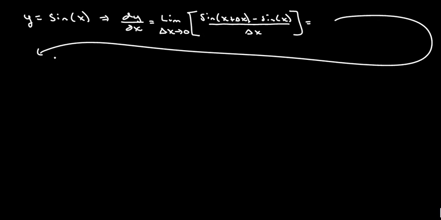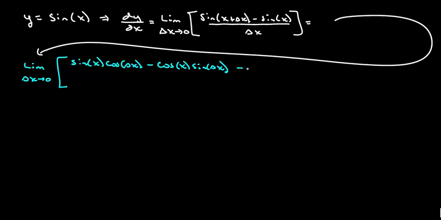Okay. So what I'm going to do right here is use my sum and difference formulas for my trig functions, so sum and difference of sine. So here's what I've got. I've got the limit as delta x goes to 0 of the sine of x times the cosine of delta x minus the cosine x times the sine of delta x, minus the sine x, all over delta x.